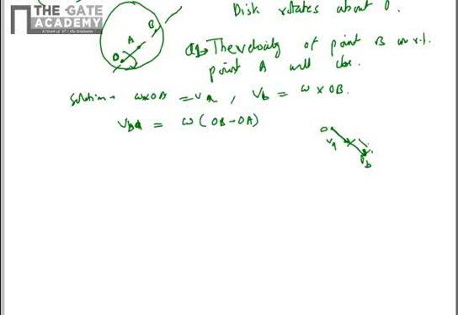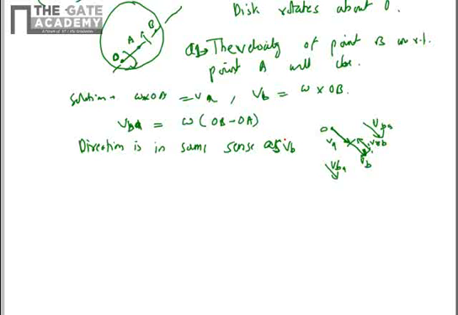So the line connecting both of these will be VAB, the velocity of A relative to B. Since VAB is in this direction, VBA, the velocity of B relative to A, will be in the opposite direction, in the same sense as VB.